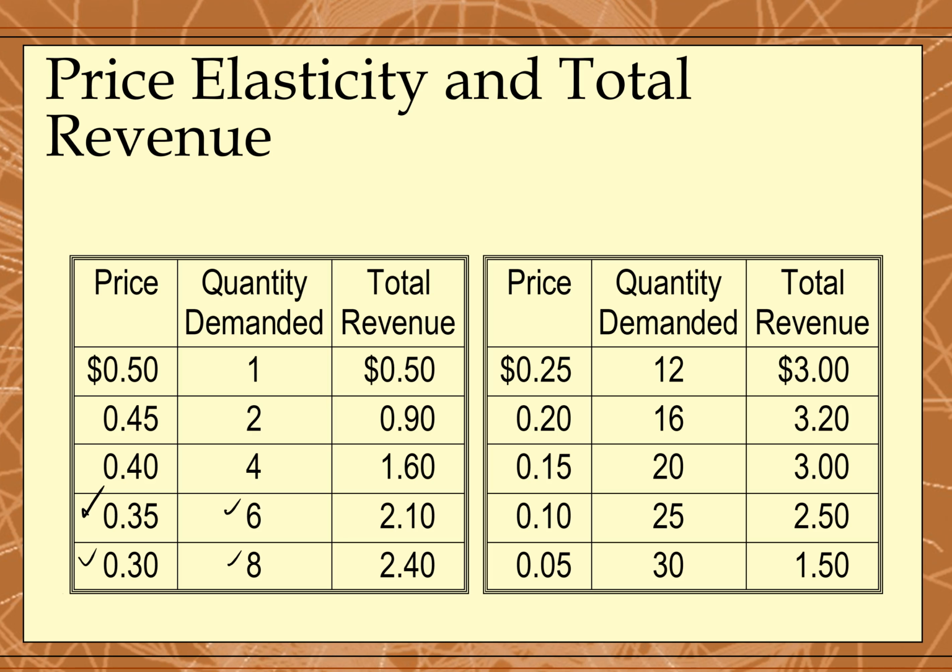Remember, the formula is going to be Q1 minus Q2 over Q1 plus Q2 over 2, divided by P1 minus P2 over P1 plus P2 over 2.